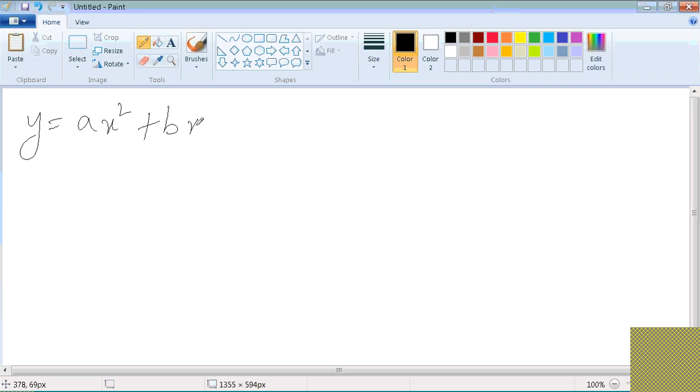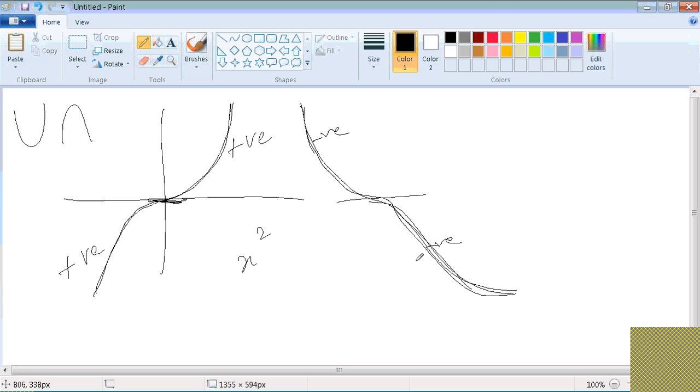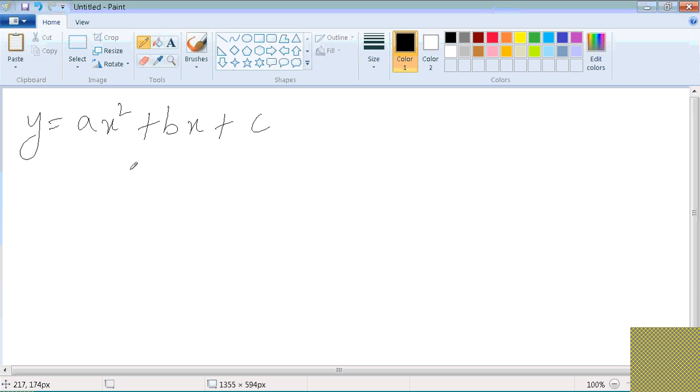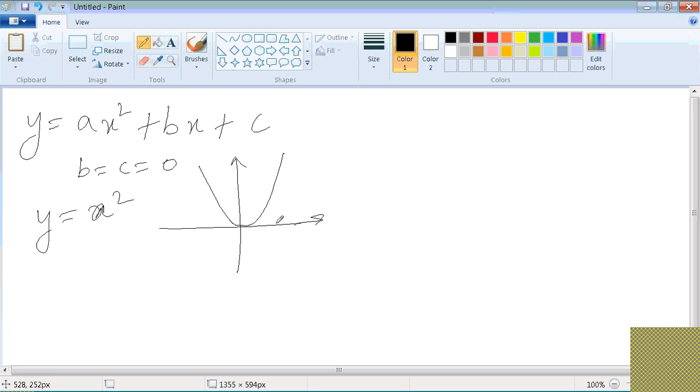ax squared plus bx plus c, right? Now, for simplicity, I'm going to make b and c equal 0, and make a equal 1, so let's say x squared, right? This is the simplest form of the curve where it goes like this, right? So this is x and y, this is y equals x squared, this curve.